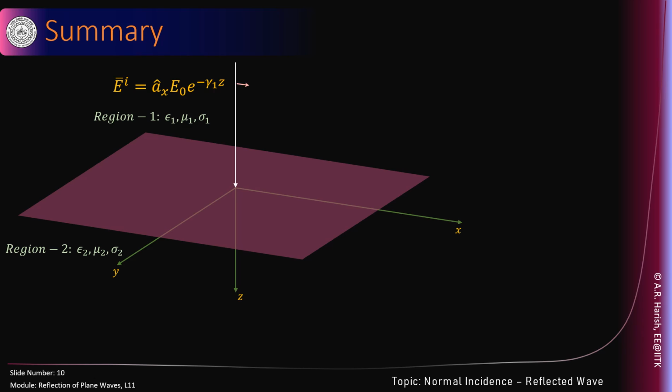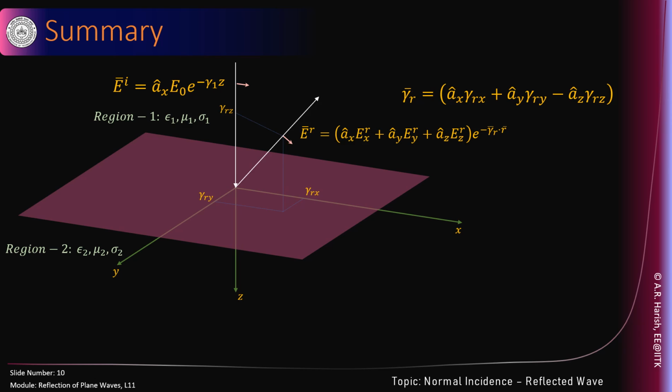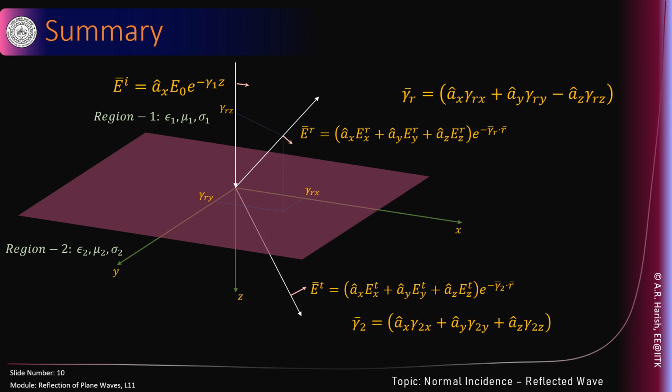We assumed an incident wave, an x polarized wave with the propagation constant of gamma 1, and we assumed a wave which is reflected in some arbitrary direction, and a transmitted wave which is also in some arbitrary direction. When we enforced the boundary conditions, we found that gamma rx, gamma ry are 0 and gamma 2x, gamma 2y equal to 0, and the y components of electric fields turned out to be 0.